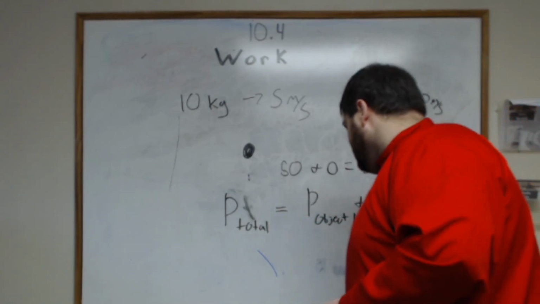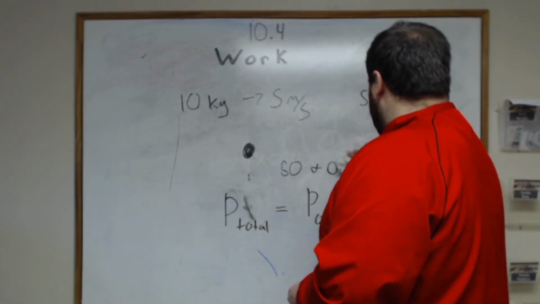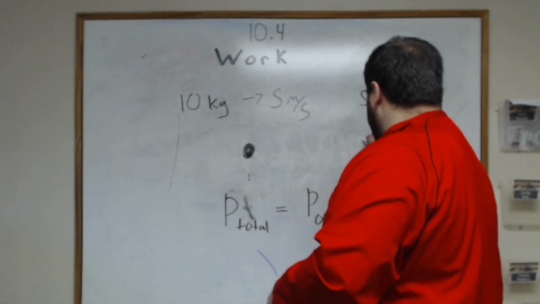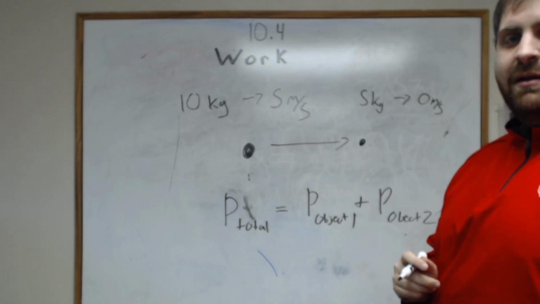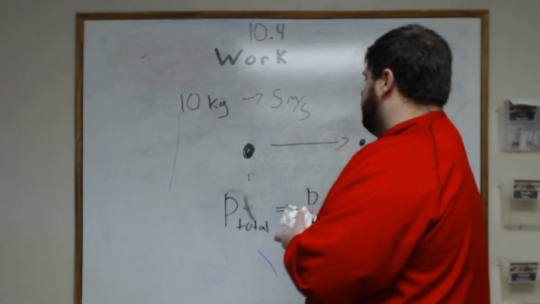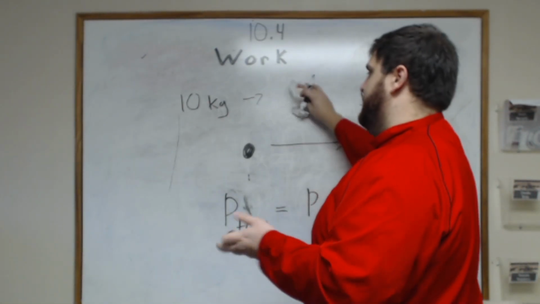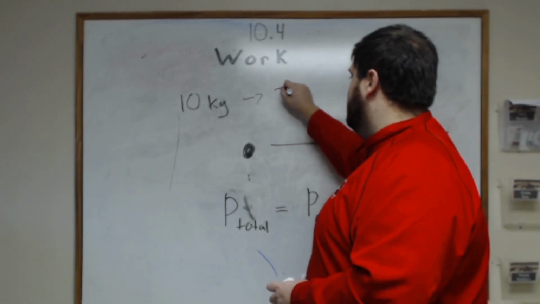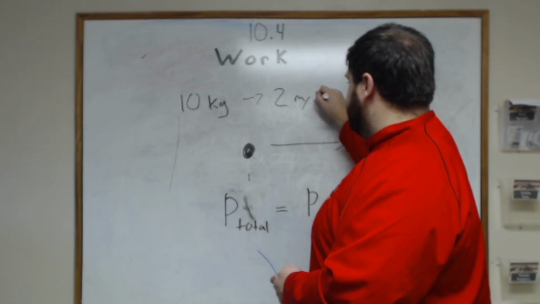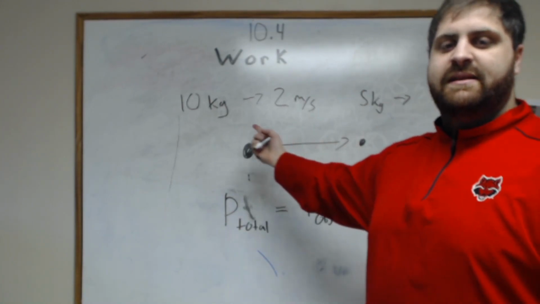Now, I'll erase my marble. These marbles run into each other. And the resulting speed of our first marble, the weight doesn't change, is now 2 meters per second. It hits this marble and this one slows down.